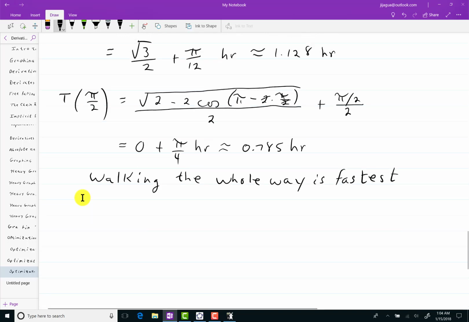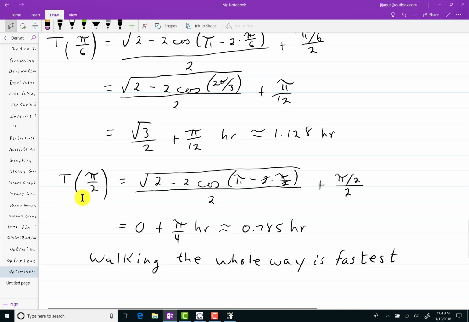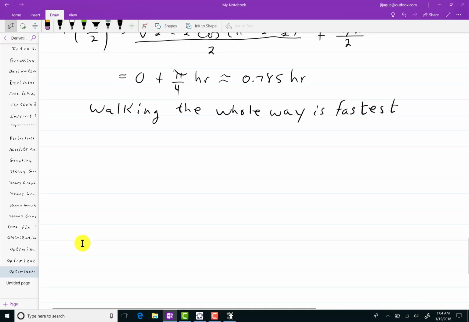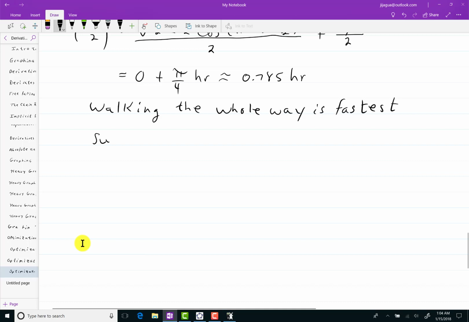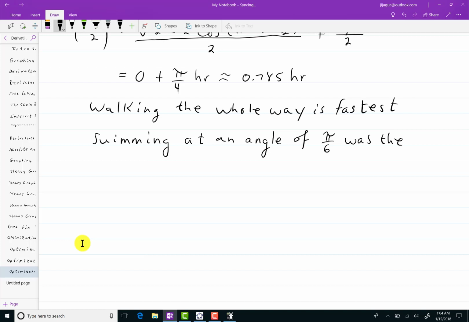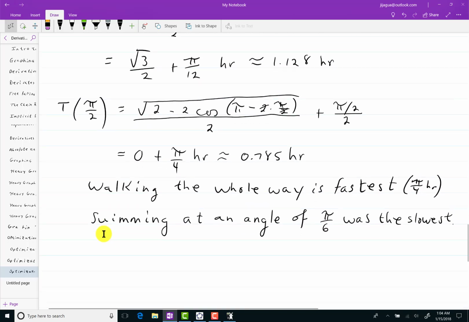And then the slowest time we got was the 1.128, swimming at an angle of pi over 6 was the slowest. The time for the fastest was pi over 4 hours, and the other one was about 1.128 hours.